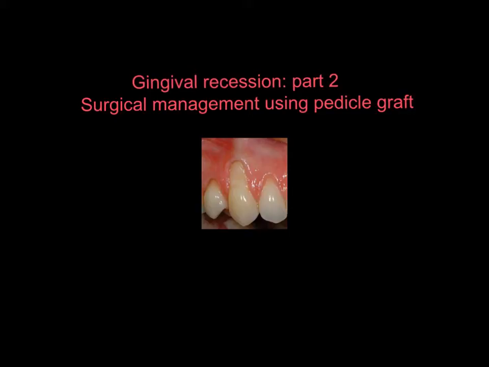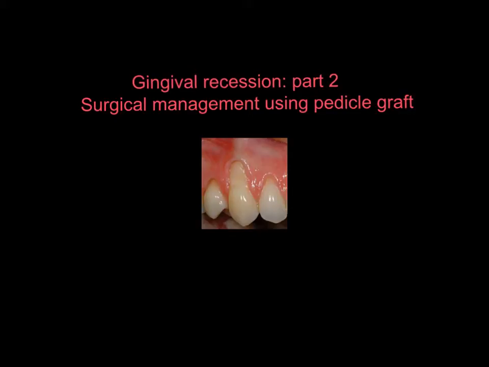The main indications for surgical intervention to correct recession defects include the need to improve localized soft tissue aesthetic, or reducing the hypersensitivity, or improving plaque control and prevent further progression of the recession defect.